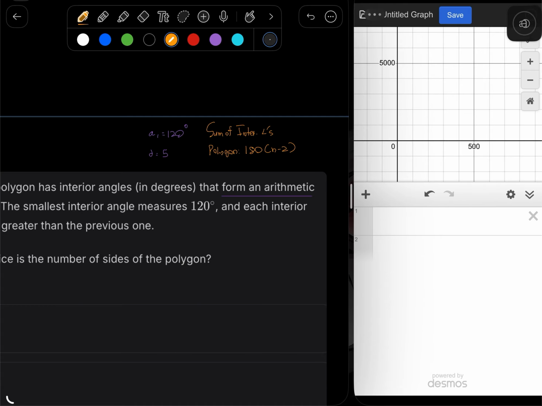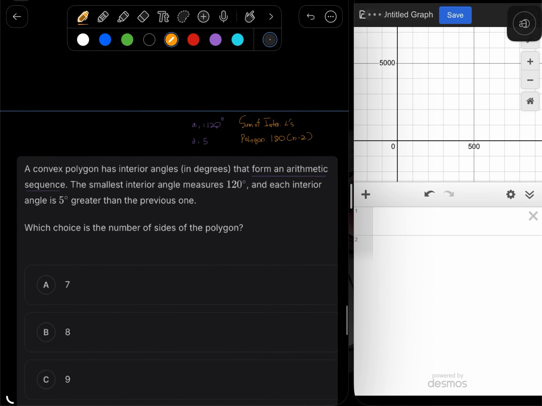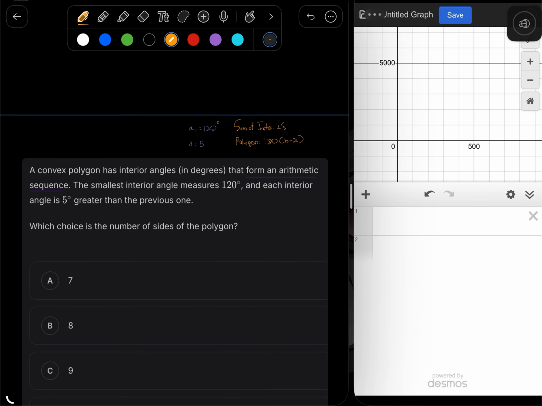What you also have to know is the sum of an arithmetic sequence. You'll see why in a moment.